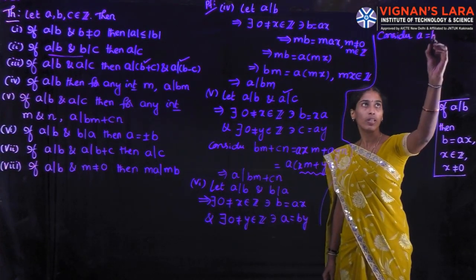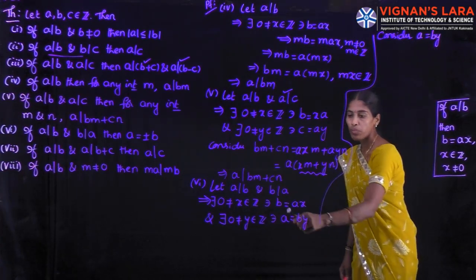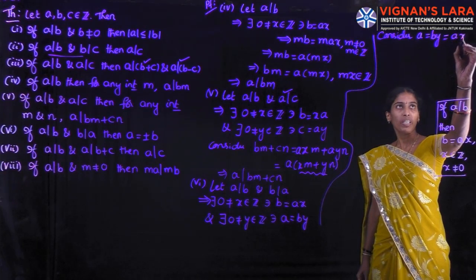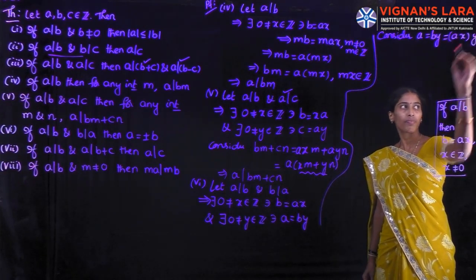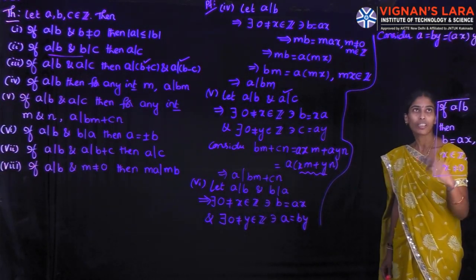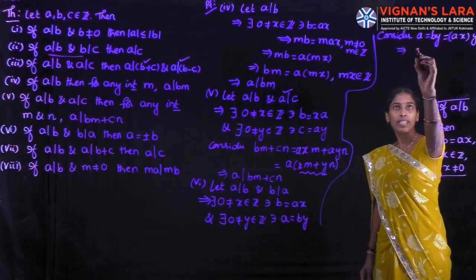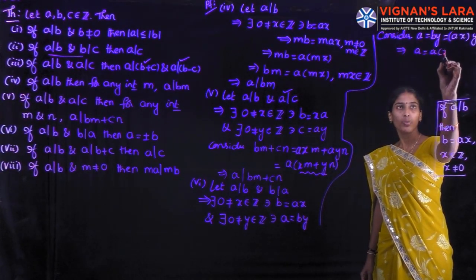A is equal to By. What is B from this one? AX. So B is AX into y, which implies A is equal to A into xy.